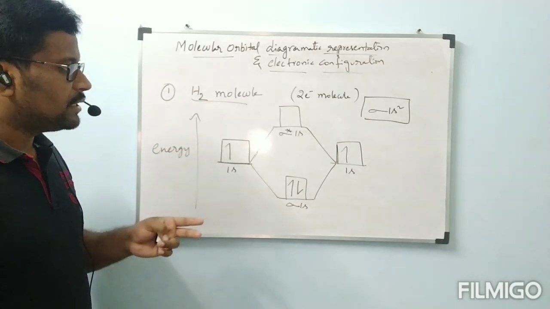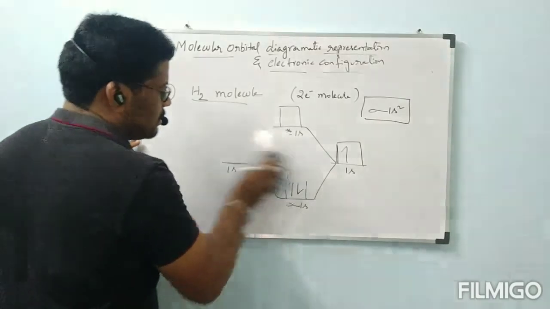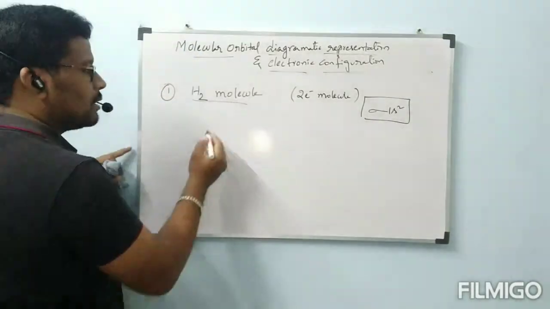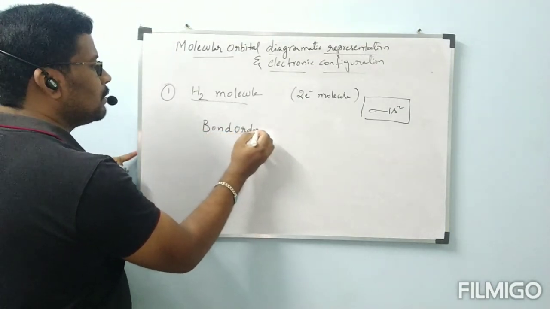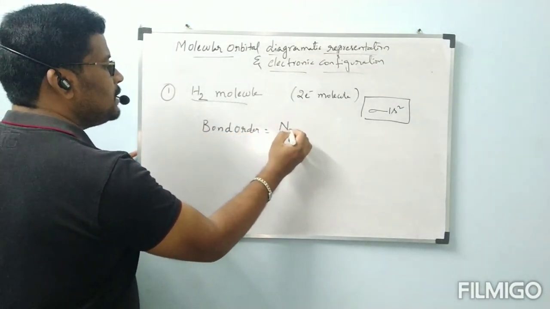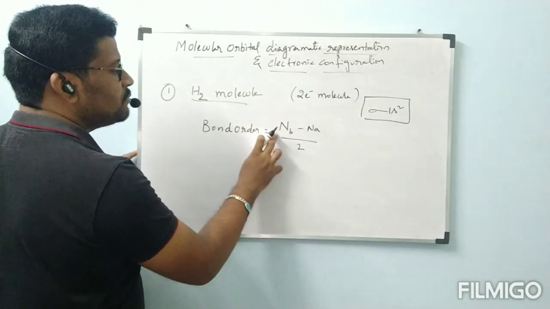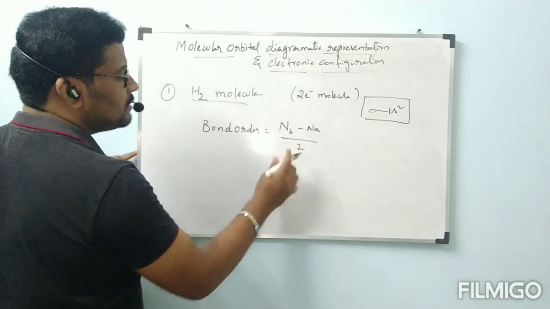Now I am going to write the bond order. Bond order is equal to Nb minus Na by 2: the number of electrons present in bonding molecular orbitals minus the number of electrons present in anti-bonding molecular orbitals, divided by 2.